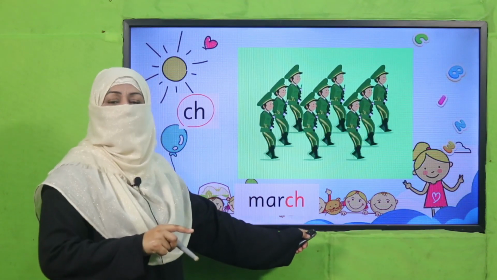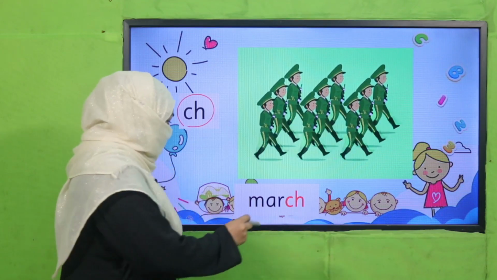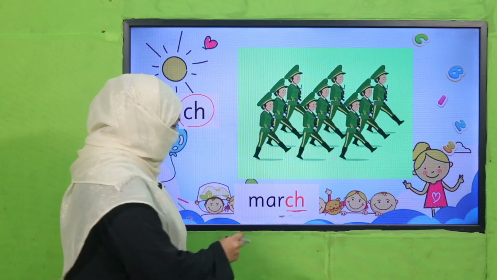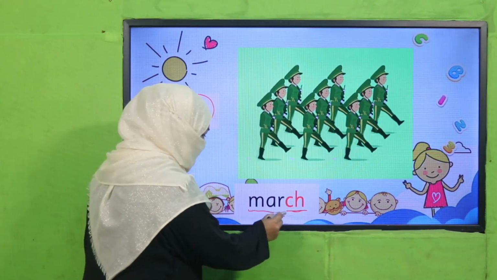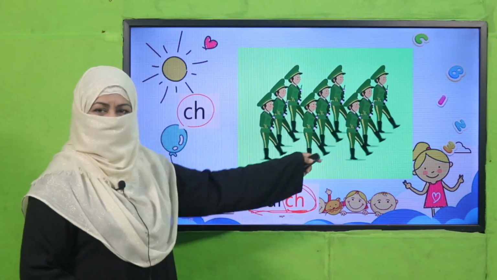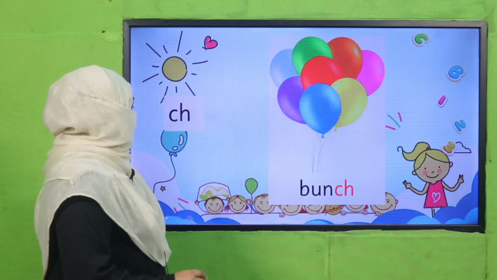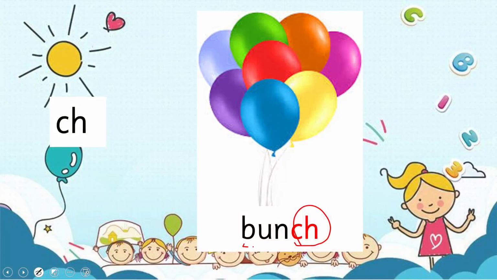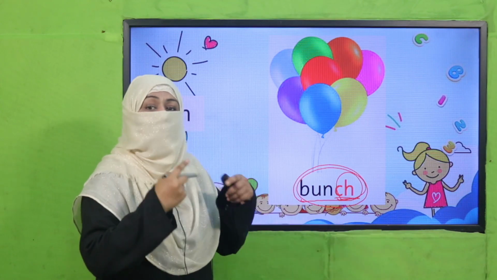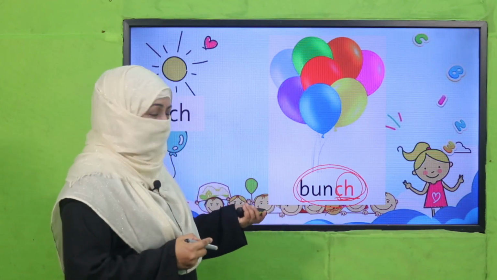Still, its sound will remain the same. How will we read this word? March. Bunch. Okay, so this is how you'll identify and articulate the digraph.